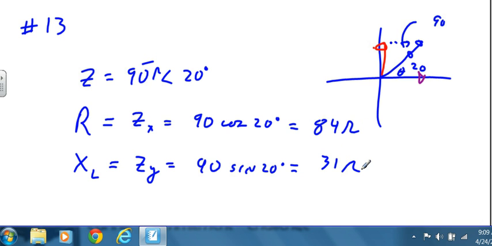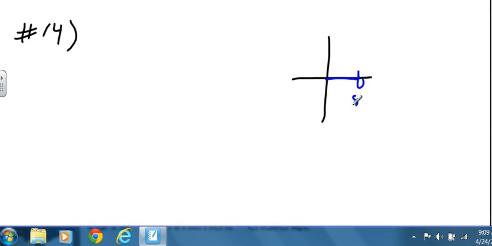Okay, number 14. A series circuit contains a resistor at 85 ohms and an inductive reactance of 45 ohms, and I want to find the impedance.